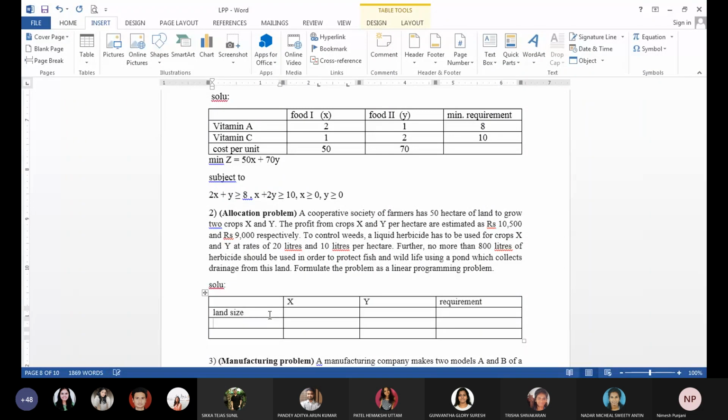One will be the constraints: land size. After that, herbicide. And third will be the profit. Tell the answer.